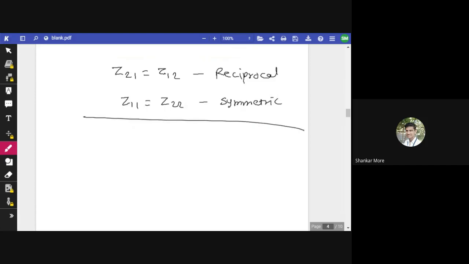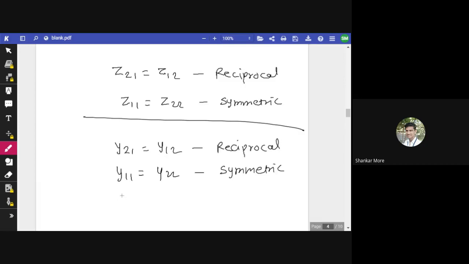This is for z parameters. Now for y parameters, if y21 equals y12, then it is reciprocal. It is the same as z parameters, it is not different. And if y11 equals y22, then the network is called a symmetric network or the symmetric circuit.